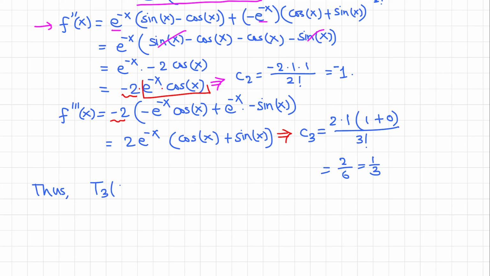Thus the degree 3 Taylor polynomial is c0, which is 0, so I don't have to write it, but I'm just going to write 0 to illustrate, plus c1, which is found to be 1, so we just write x, plus c2, which is negative 1, so negative x squared, plus c3, which is 1/3, x cubed.